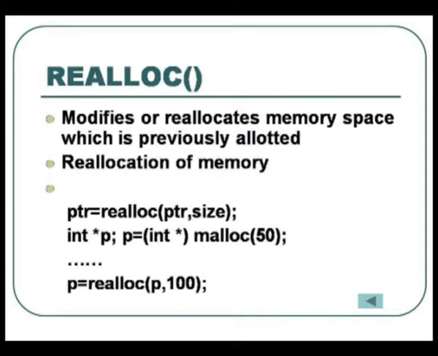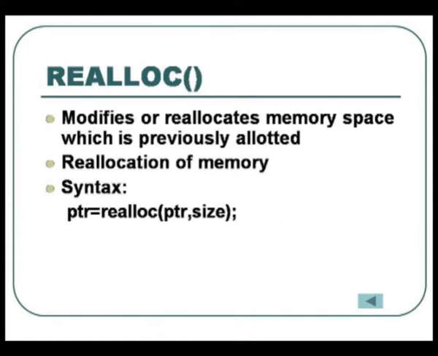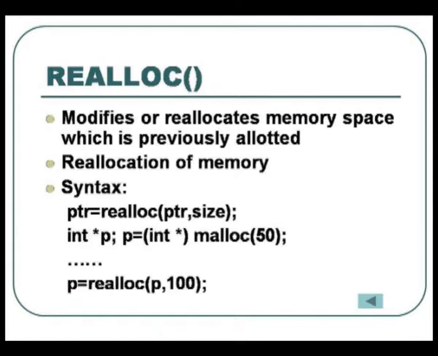The syntax is the same here, pointer variable is equal to realloc, but within brackets again you have two arguments. One is the pointer variable itself. Why? Because you should know where the previously allocated memory exists, and next the size, how much memory is to be reallocated. So the example here, integer pointer variable p is equal to the data type malloc 50, showing that this is already allocated memory.